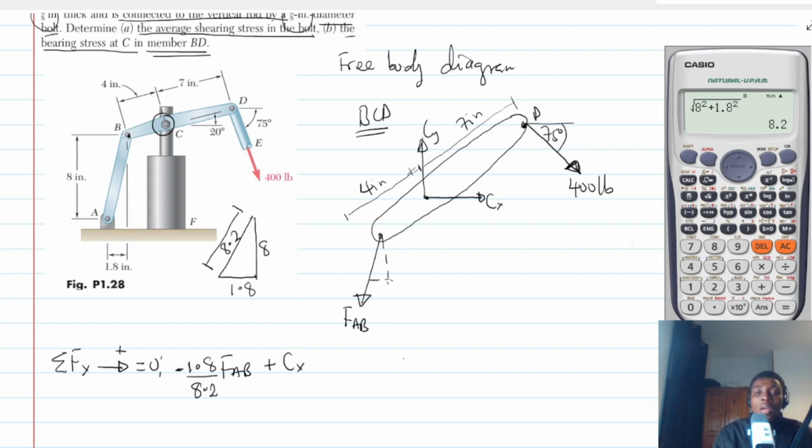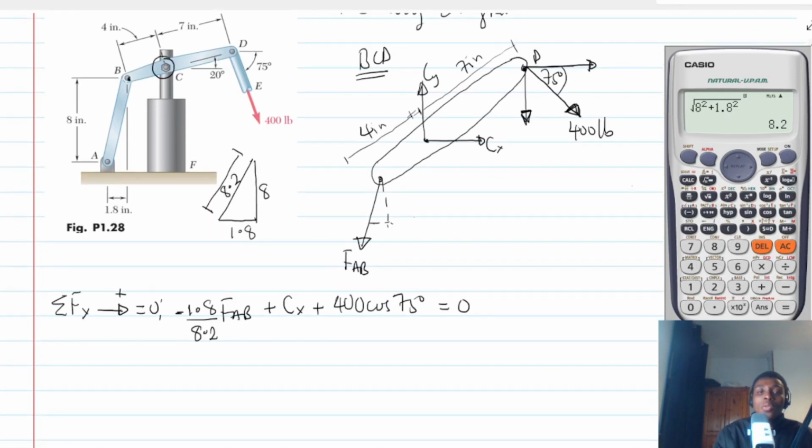All right. And then we need to also look at the x component. For this one, it's going to be straightforward. 400 cosine 75. So I'm just going to resolve this into x and y, and the x component is cosine and it's positive. Should be equal to 0. Okay. So let's simplify it first.